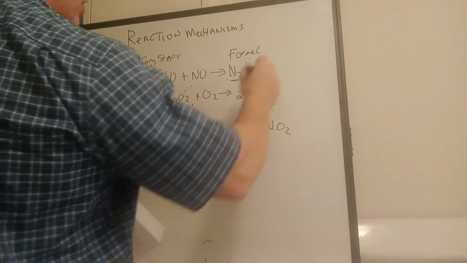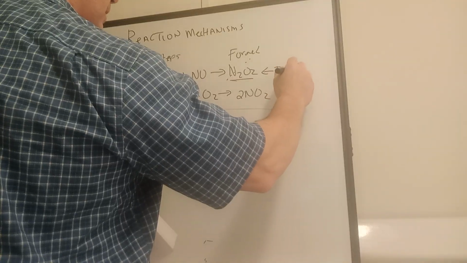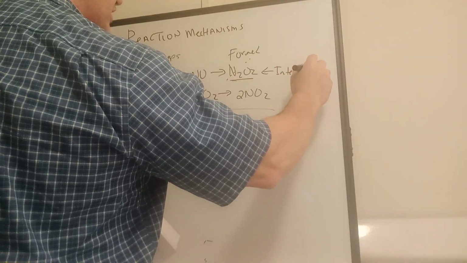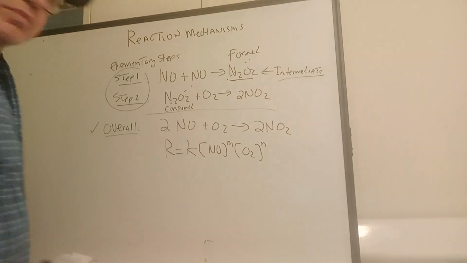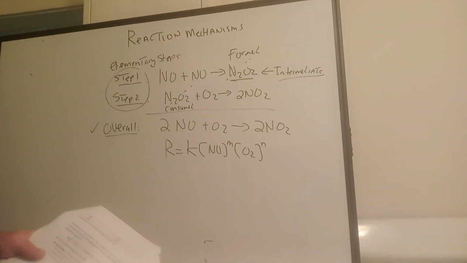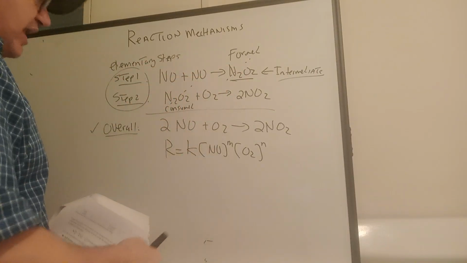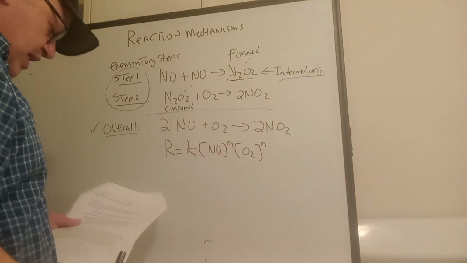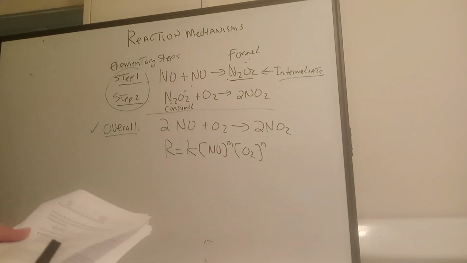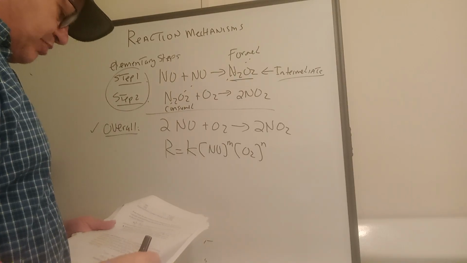And so we call that, N2O2 would be the intermediate. So intermediates are a new term, but they're something that shows up in one step and is consumed or reacts in the next step. It does not show up in the overall equation. So we call that an intermediate or a reaction intermediate.